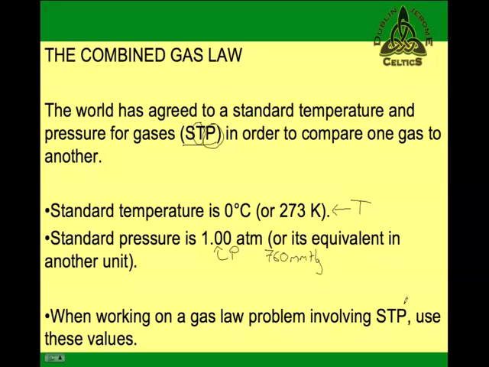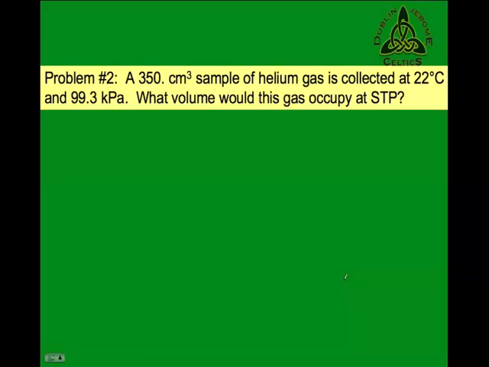When you see this term, STP, you need to remember that these are the conditions under STP. Those numbers will not be given. You need to know what STP is and use those values. So let's take a look at an example where we're trying to see what something will do at STP. If we have 350 cubic centimeters, what is that?